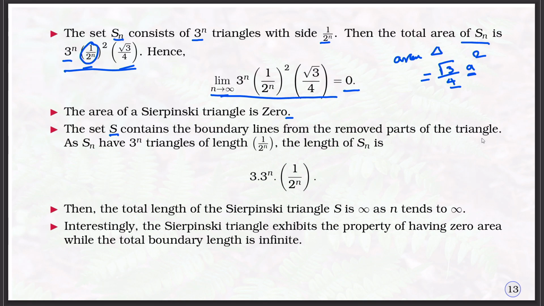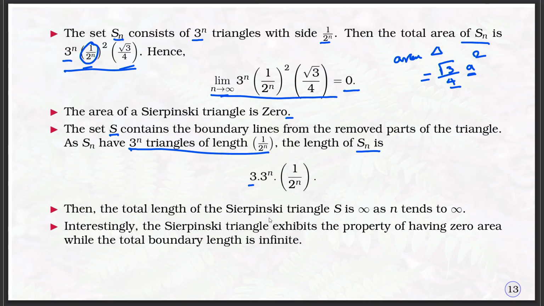So, all the boundaries are present in S. As Sn has 3 power n triangles of side 1/2 power n, the length of Sn is given by 3 times 3 power n times 1/2 power n.